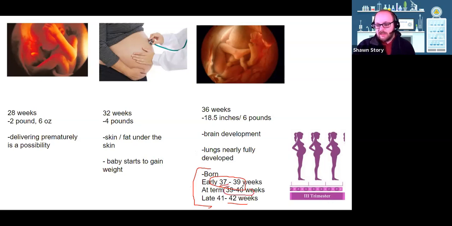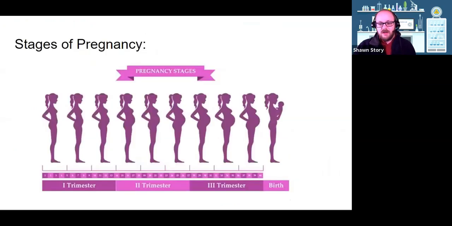At term is 39 to 40, and 40 to 41 to 42 is late. By this point, doctors are really starting to think about having to induce labor or do a C-section of some kind, because we're getting beyond the 42 weeks of pregnancy. And so these are the stages of pregnancy.